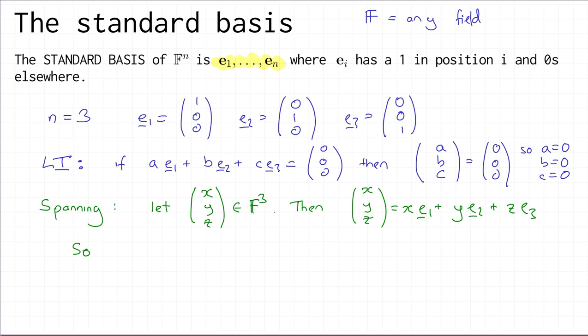So every vector in F cubed is a linear combination of e1, e2, e3. In other words, the span of e1, e2 and e3 contains every vector in F cubed, so it must be all of F cubed. Right, we've shown it's linearly independent, we've shown that it is a spanning sequence, and so it is a basis called the standard basis, and this is completely standard terminology, as the name suggests. You will find this used everywhere, and we will refer to this several times, and we always mean this particular basis.